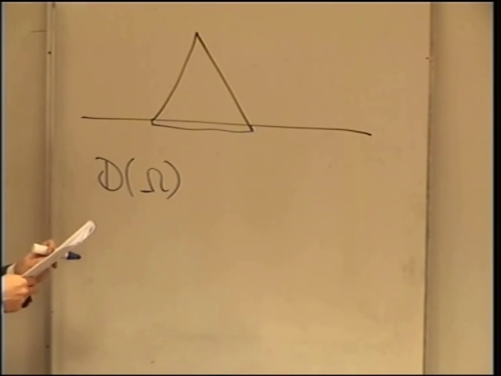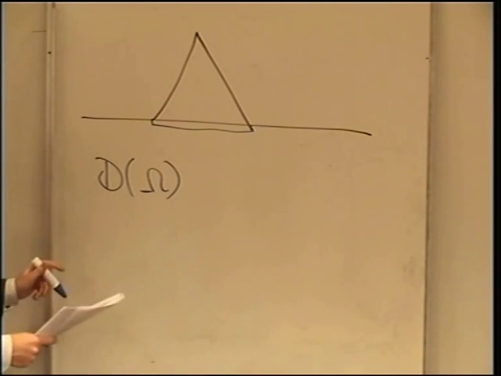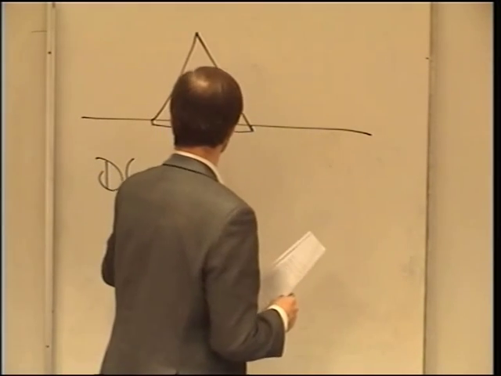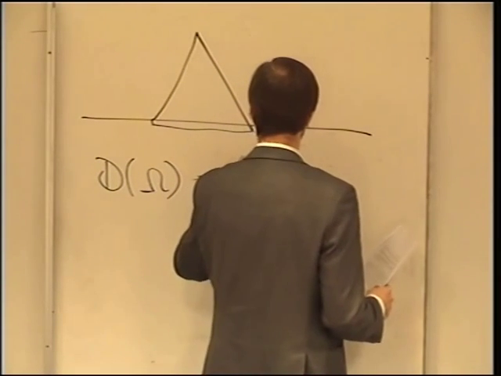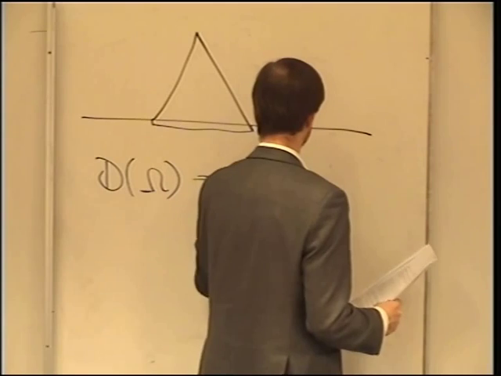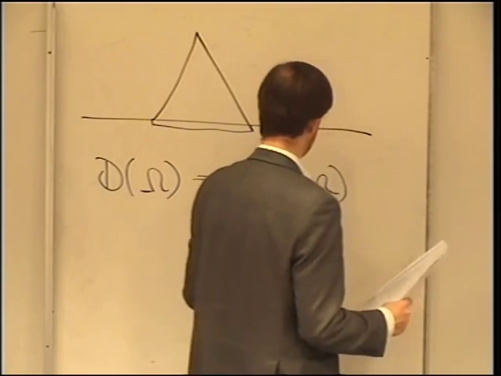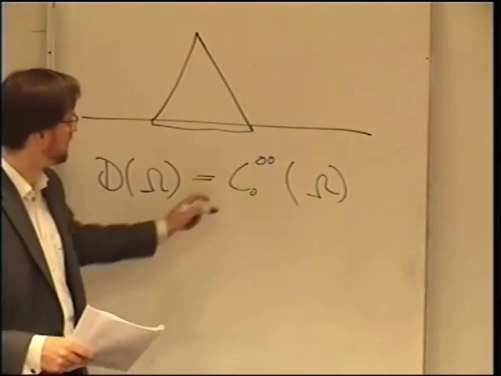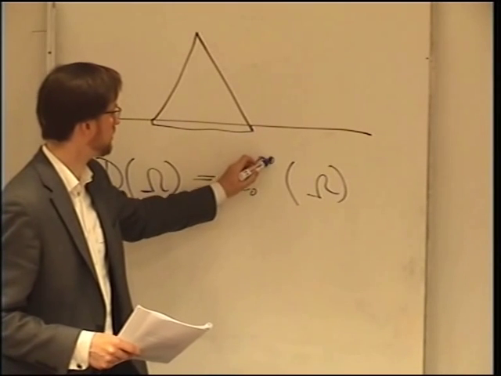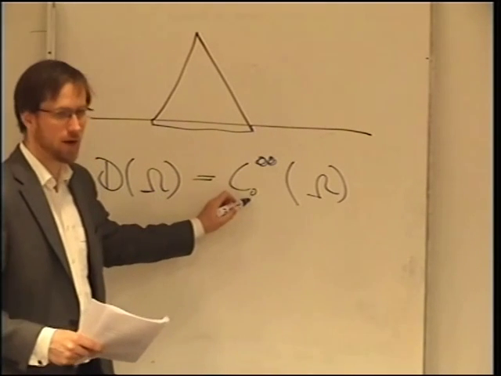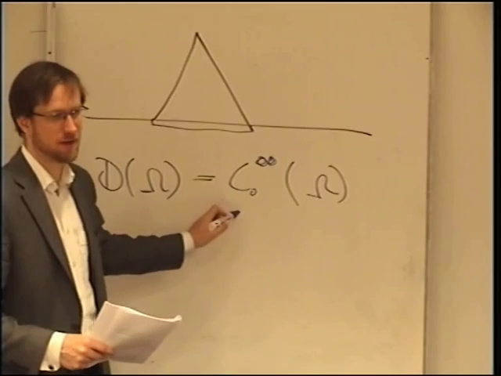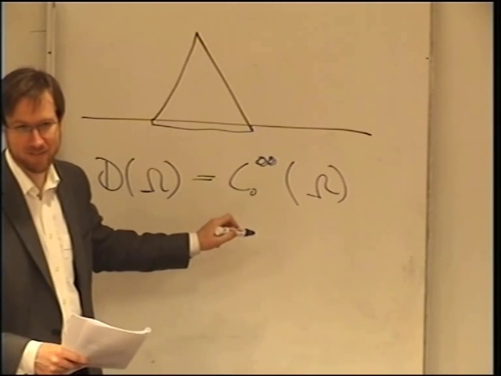So D of omega, which sometimes is also written C infinity 0 of omega. This is like the notation we were using earlier, where we used V0 to mean the set of function spaces that vanished on the boundary.